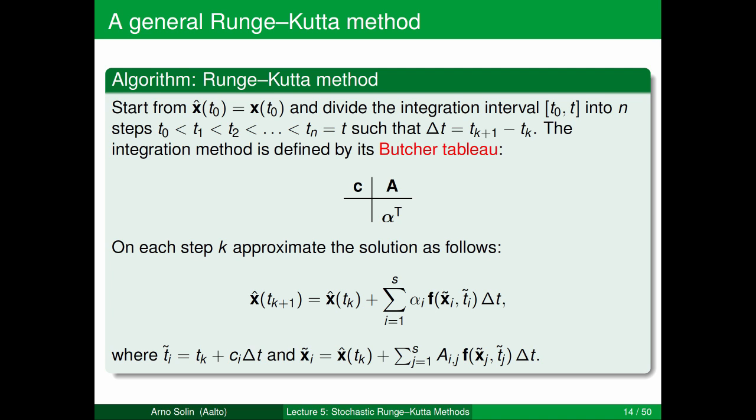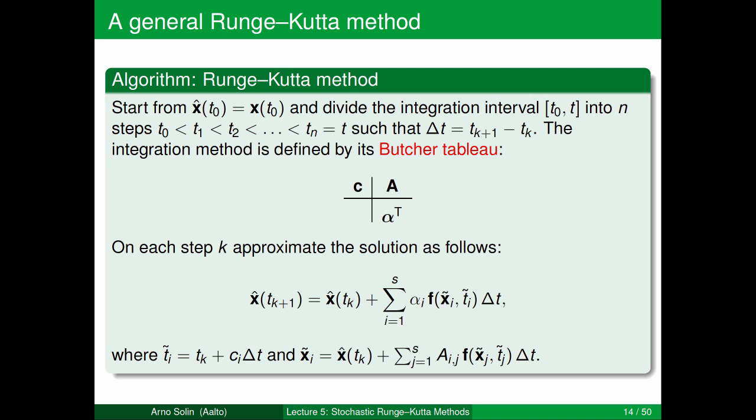In the following, we will go through some quite commonly used Runge-Kutta methods for ordinary differential equations in the form of these tables. These tables are called the Butcher table, and this definition of the algorithm on this slide gives an overview how to use it. However, it might be handier to check that in the course material.